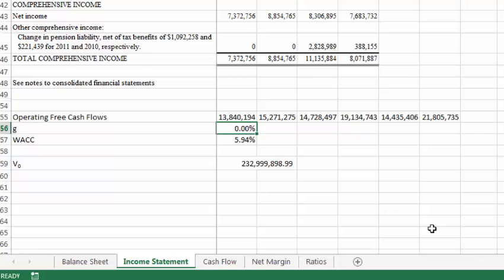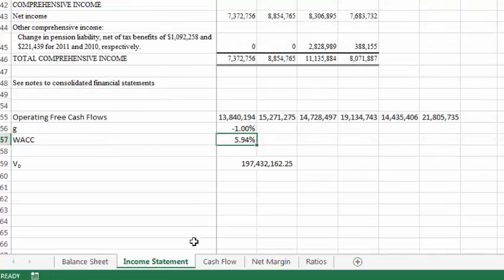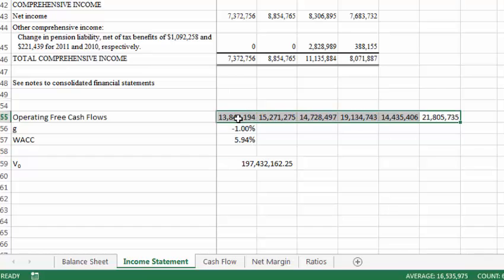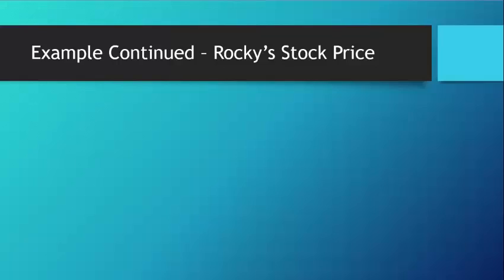So if I got a negative 1%, that would come really close to the book value of the assets, and I would point out also that it's more realistic because these are actually going downhill rather than uphill. But I'm going to replace that back with my 0.